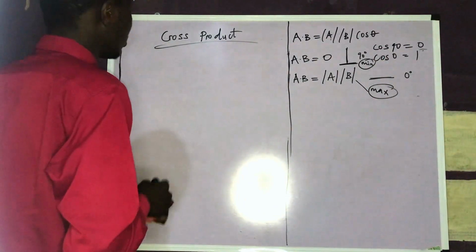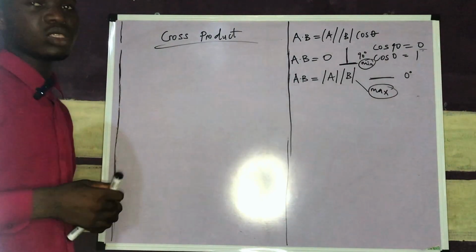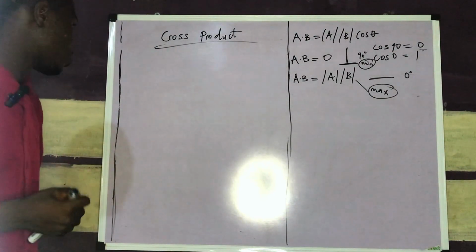Cross product, like I said, always gives you a vector quantity.